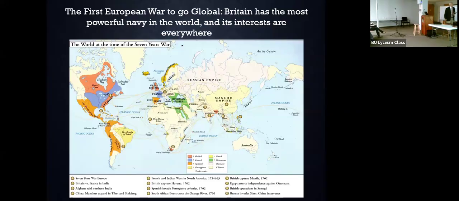Now, the first European war to go global. Prior conflicts had involved different naval battles in different locations around the world. There had been different limited contests of troops, invasions of various islands, taking fortifications, giving them back, and things of that sort. Why does this one go global?